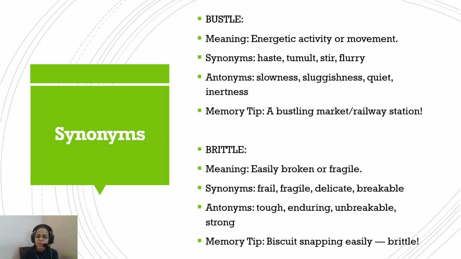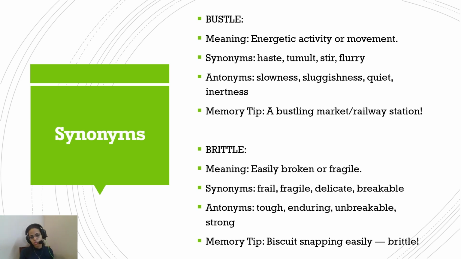Brittle. Brittle means something that is easily broken or fragile. You might have heard of this word again in science, in metals and non-metals. Some exceptional metals are brittle. Which are those exceptional metals? I hope these are sodium, I guess. Meaning easily broken or fragile. So something that is fragile is very delicate.